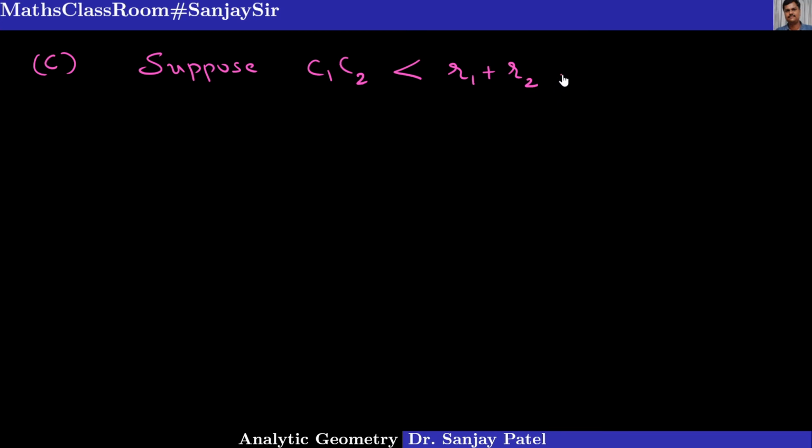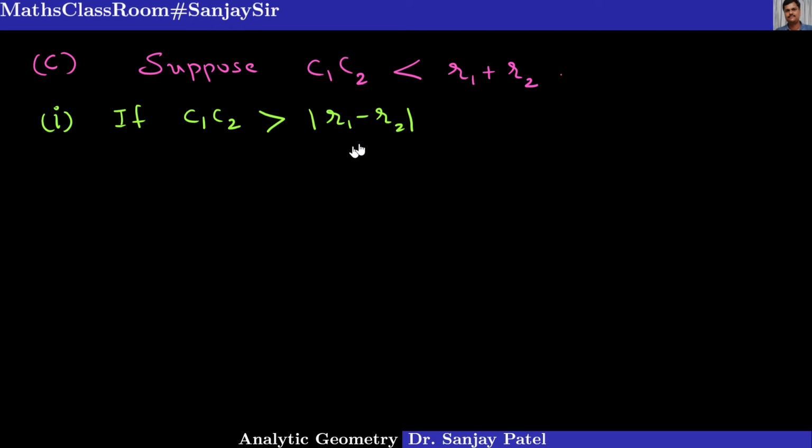In this case, we further classify this into different categories, and I will call it subcase 1. In addition to the condition C1C2 less than R1 plus R2, you must also check if C1C2 is strictly greater than mod of R1 minus R2. Remember, I am taking the modulus because the two radii may be different, so we don't know which number is bigger or smaller.